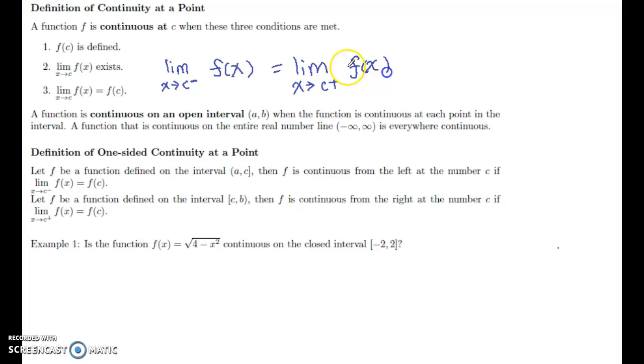If that is the case, then the limit exists. So these are if and only if conditions. Let's take a look at example 1 to try to understand what type of question you'll be asked regarding continuity.